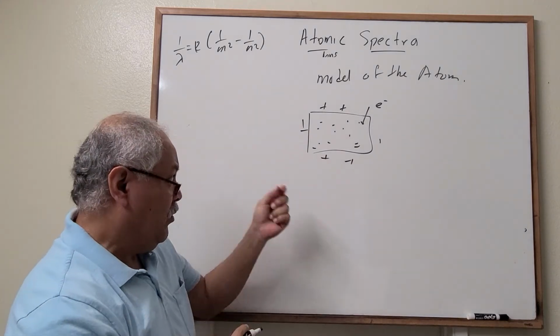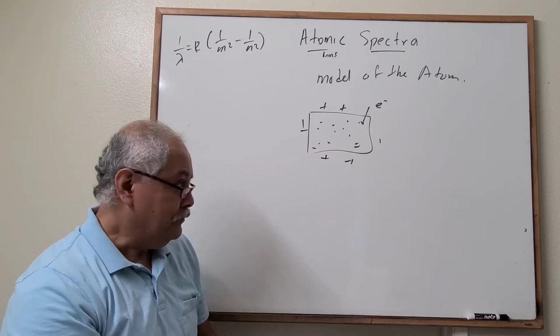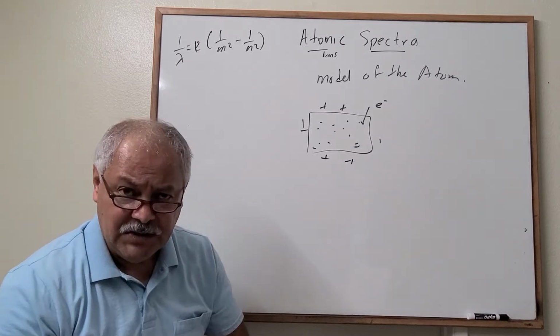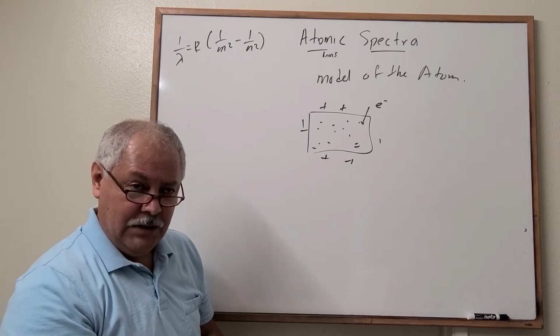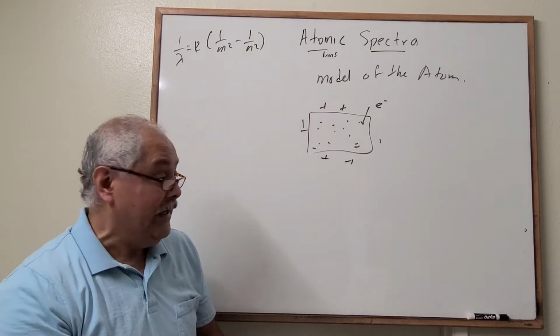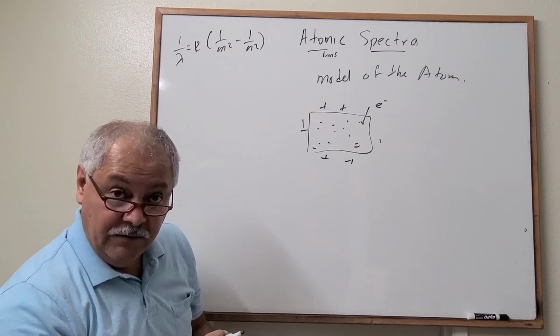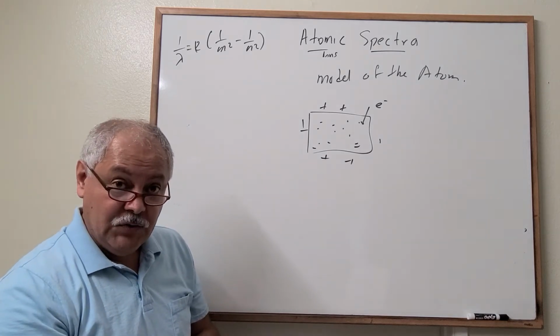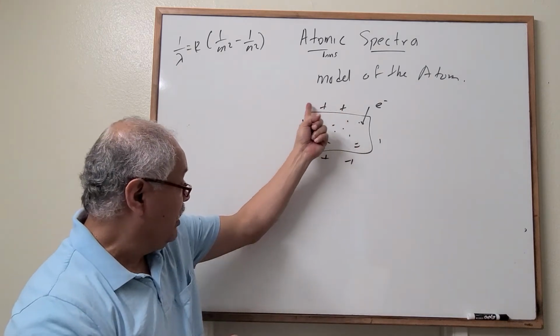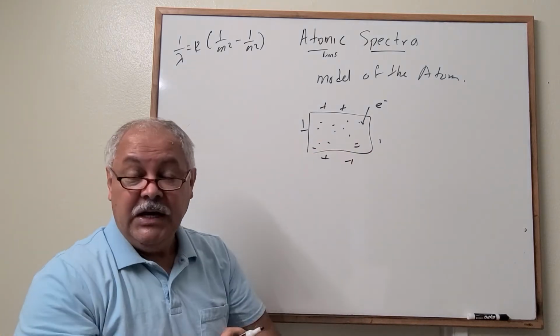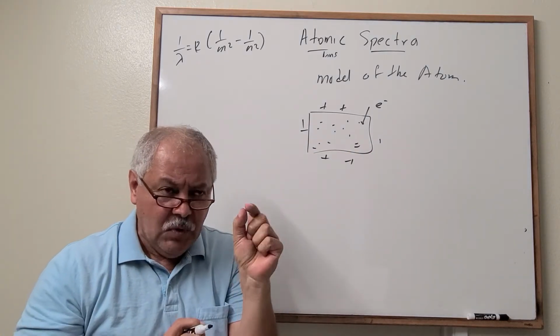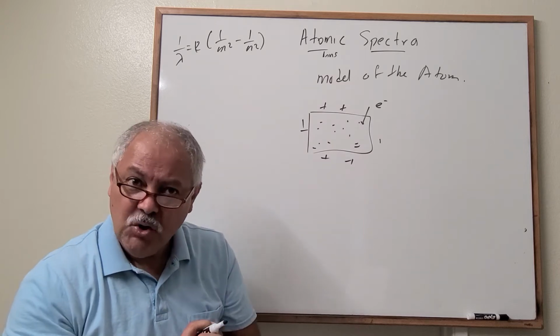That was created because of the discovery of the electron by J.J. Thomson. Later, Rutherford found that actually this cloud of positive charge is concentrated in a small region that he called the nucleus.